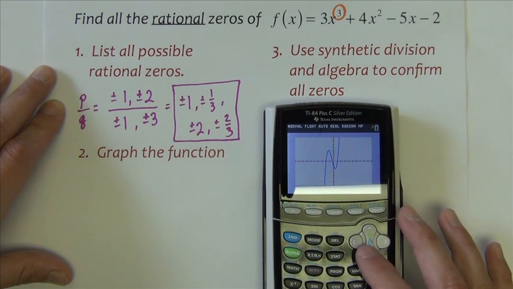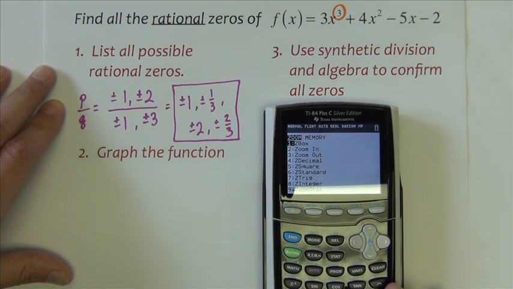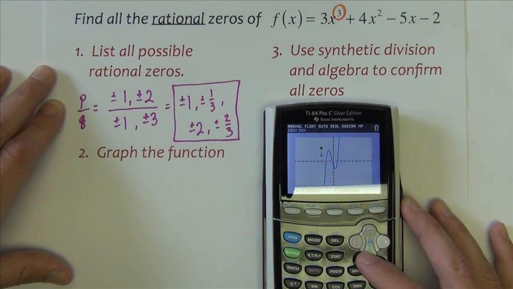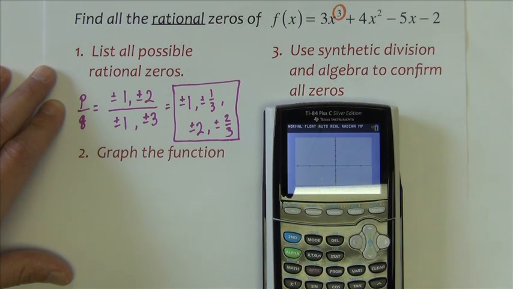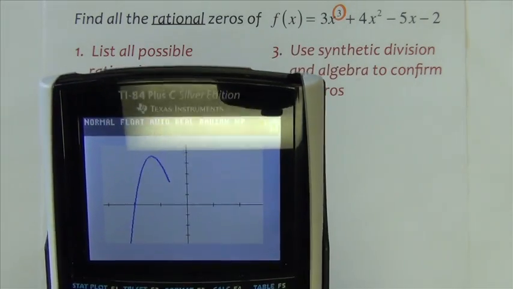I'm going to zoom in just a little bit. It's still drawing. There we go. I'm going to zoom box just because I want to see just the piece of this where the zeros are. I don't want to see everything. Okay, so here's the graph.